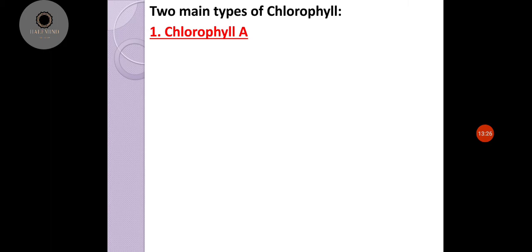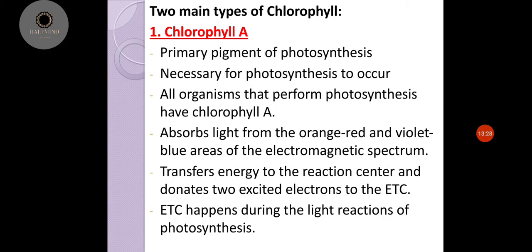So ano ba yung chlorophyll A? So chlorophyll A is the primary pigment of the photosynthesis. It is necessary for photosynthesis to occur. So, lahat ng photosynthetic na organisms, they contain chlorophyll A. So, it absorbs light from the orange, red, and violet blue areas of the electromagnetic spectrum.